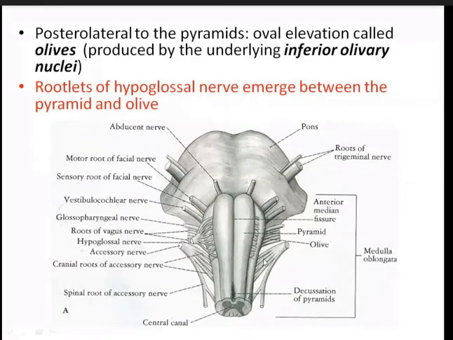So in the posterolateral sulcus we can see the 9th, 10th and 11th cranial nerves. The 9th is the glossopharyngeal, the 10th is the vagus, and the 11th is the cranial part of the accessory nerve. They emerge from the posterolateral sulcus just behind the olive.